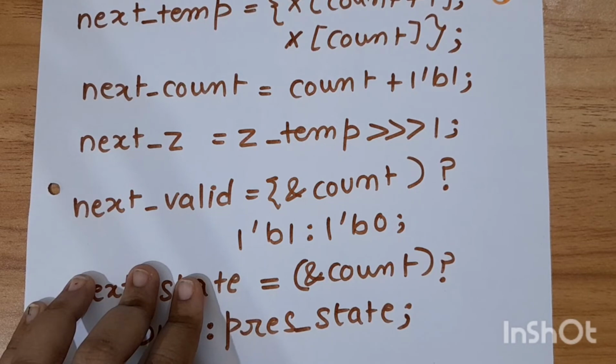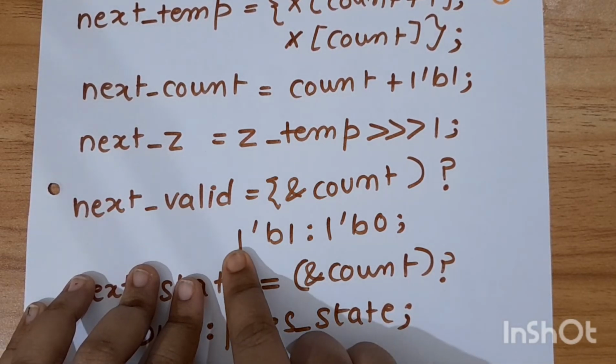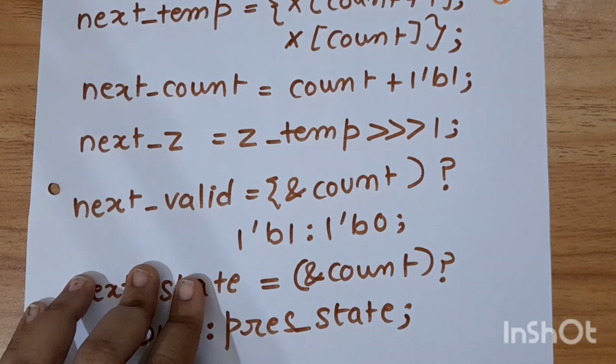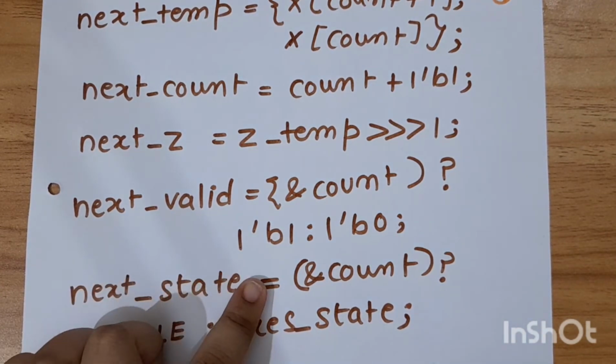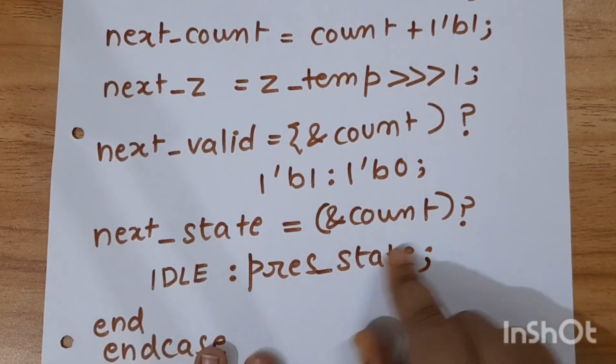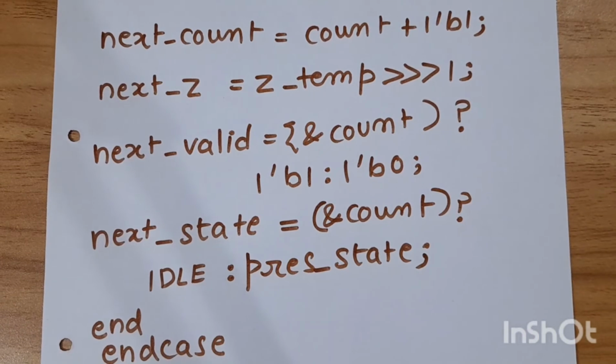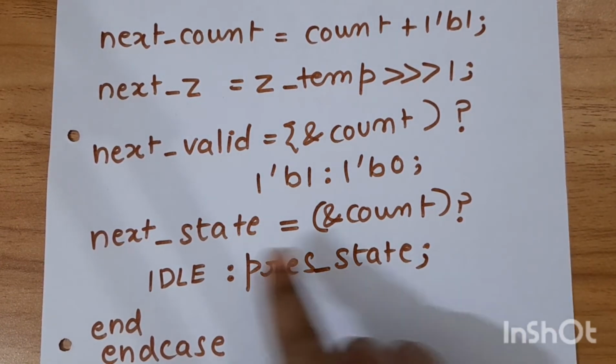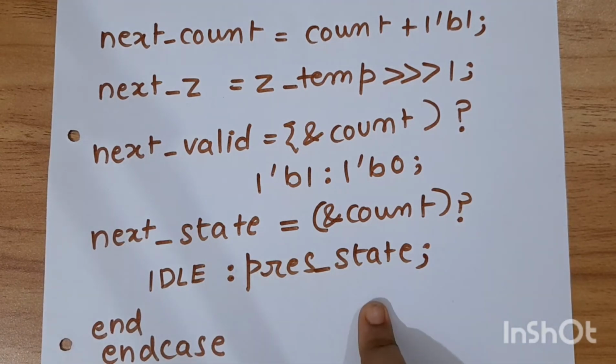When the 11 combination comes, AND of count would be 1. So this particular statement would be true and the next valid would be 1. And the next valid is 1, that means the next state would be again the idle state. We will come out of the start state and go back to the next state as idle.